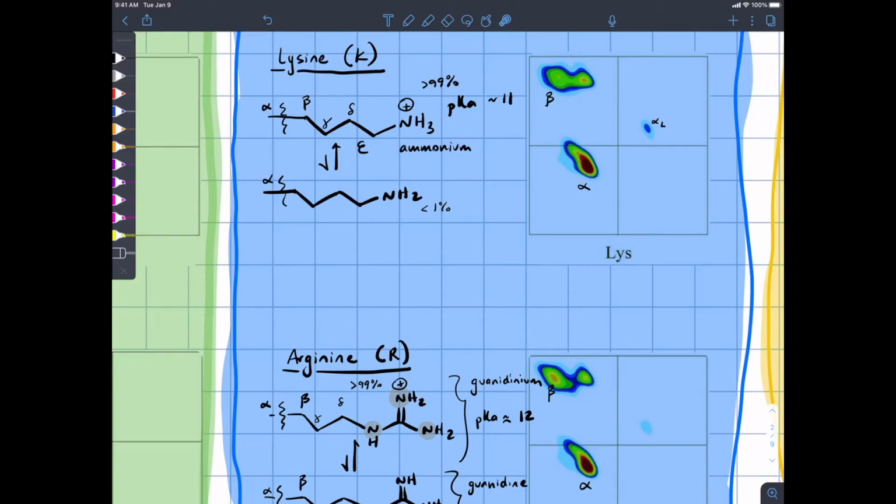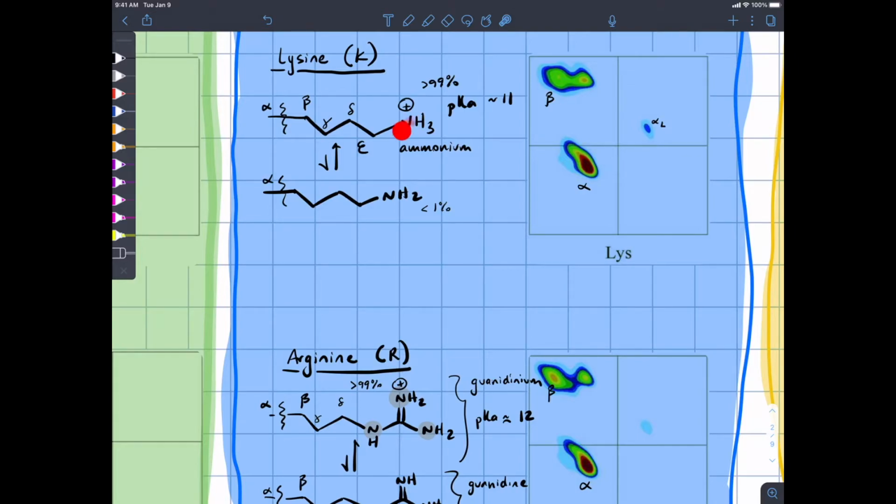Lysine's tricky because you can remember that it's just this long chain with an amine at the end, but you got to remember how many atoms are in that chain. So what I remember is epsilon. Lysine has an epsilon amino group, so you count from the backbone, alpha, beta, gamma, delta, epsilon.